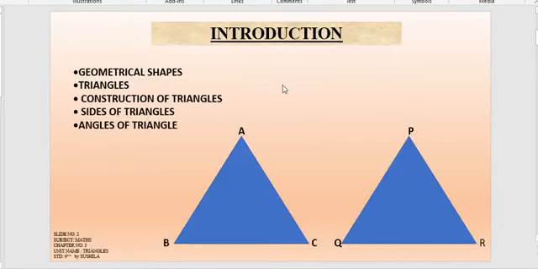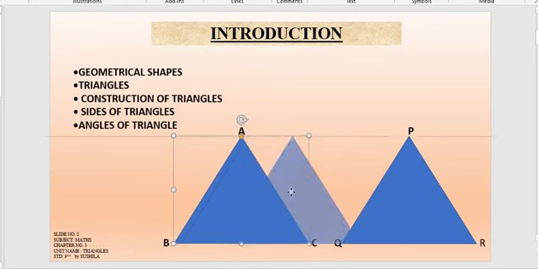Now on your screen you can see the introduction part of the chapter. One triangle is ABC and the other triangle is PQR, right? If you look at the geometrical shape of ABC, by looking at it you can say these two triangles are equal to each other.